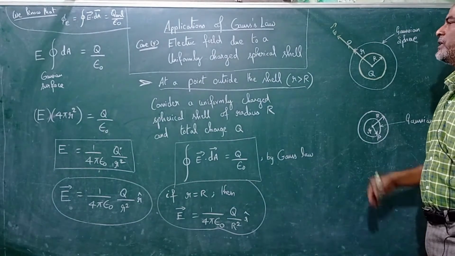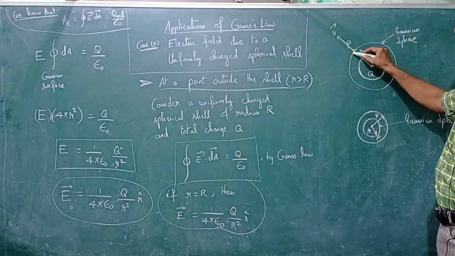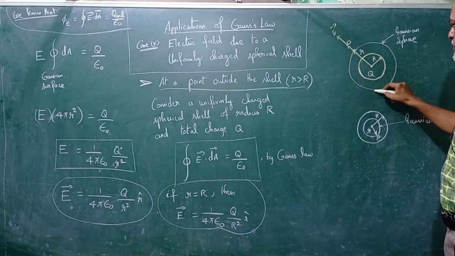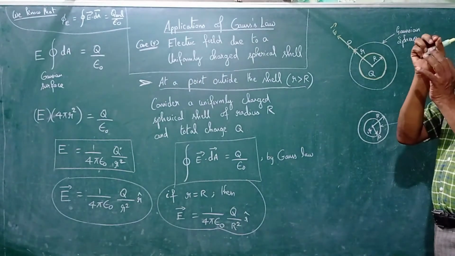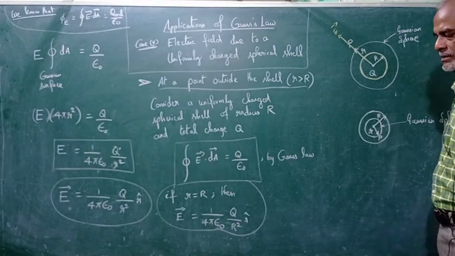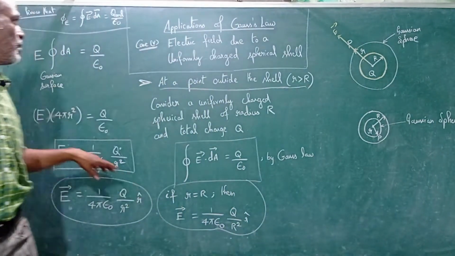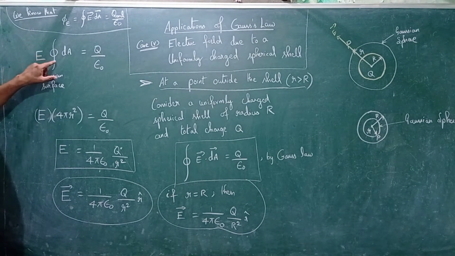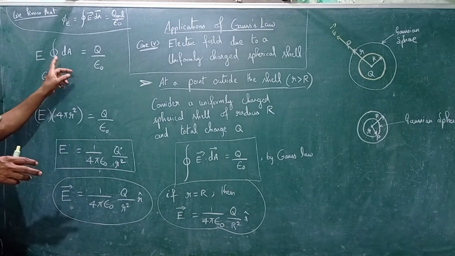Okay. So E, electric field all around is same. If you consider each and every point over the sphere or small area dA over the sphere, it is going to be same in all direction. So having said that, we have E as constant, integral over the closed surface of the sphere, dA.